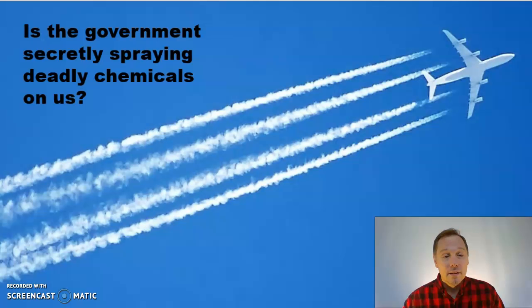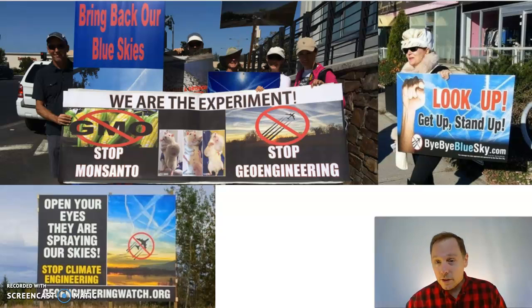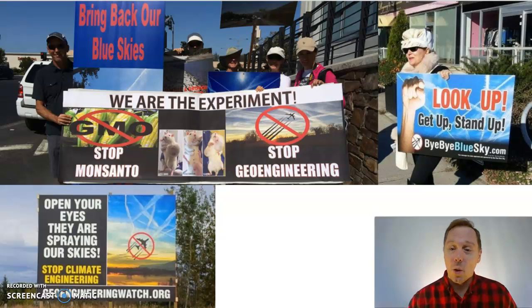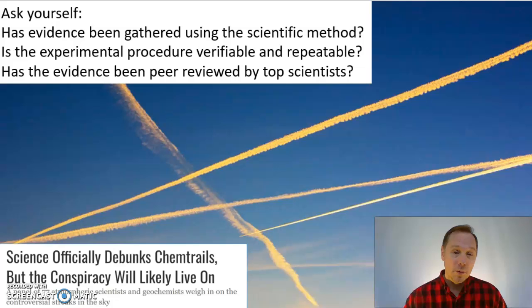Well, here's another example. You look up in the sky and you see these little lines coming off an airplane, and some people say the government is secretly spraying deadly chemicals on us. And take a look at these guys. Yeah, the government is after us, mind control, it's a big conspiracy. Well, all right, let's apply our critical thinking skills to this problem.